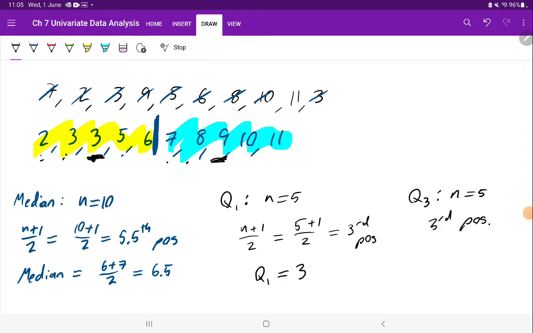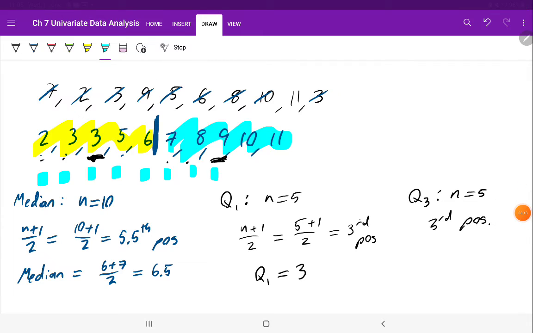But notice that it's actually, if you count from the beginning, 1, 2, 3, 4, 5, 6, 7, 8. It's actually in the 8th position.